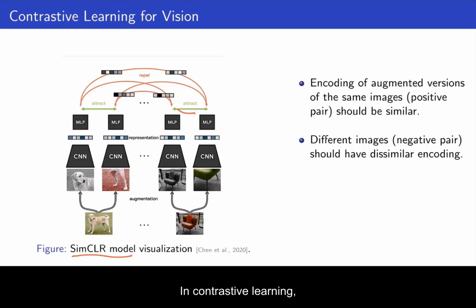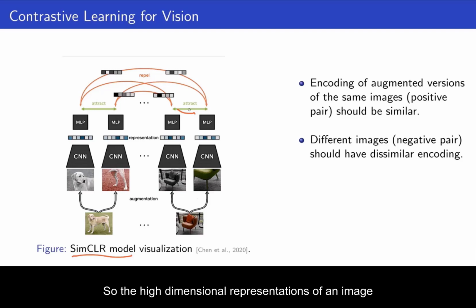In contrastive learning, the similarity of positive pairs is ensured by enforcing them to be more similar to each other in comparison to representations of the other images, which we now call negatives. So to summarize, every image has an attract relationship with its augmentation that we call a positive, but a repel relationship with other images in the dataset that we call negatives.